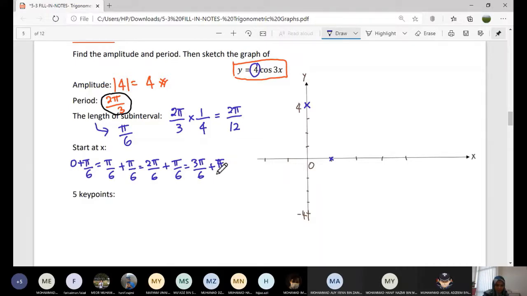Okay, so we simplify: this is pi over 6, and then we have 2 pi over 6 which is pi over 3. You can continue to draw.